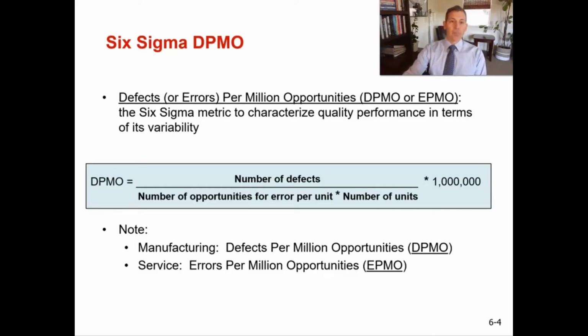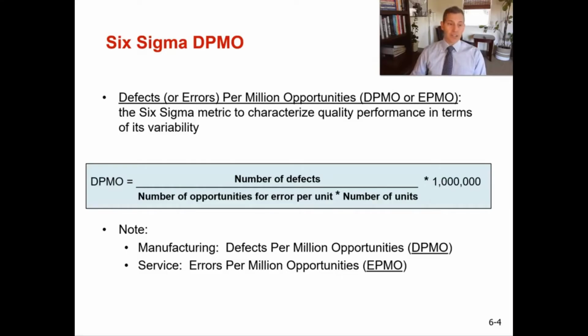So if you're making a pen or you're processing a loan application, that is 1 opportunity for error per unit. If you're building things in batches, or you're doing 2 at a time or 3 at a time, then your per unit would be different. But the majority of the time when you do this calculation, your number of opportunities for error per unit will be 1. But you need to be very careful if you've got a different unit of measure to make sure that that is noted in the calculation.